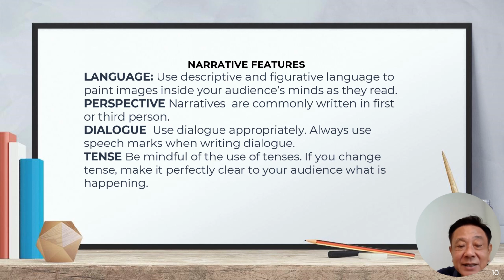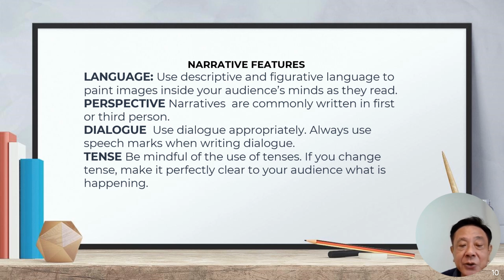Now let's look at the language features of narrative writing. It's very important for effective narrative essays to have descriptive and figurative use of the language, right? Because you want the reader to visualize and imagine. Therefore, you use descriptive and figurative language.